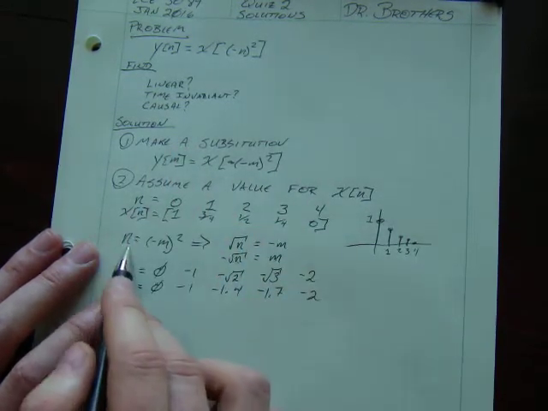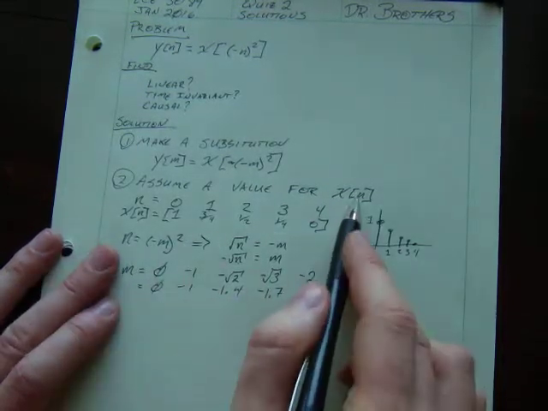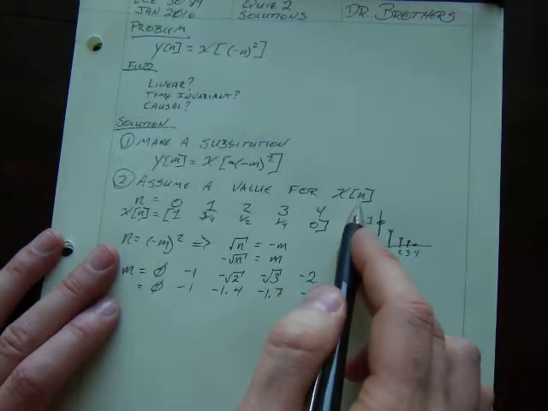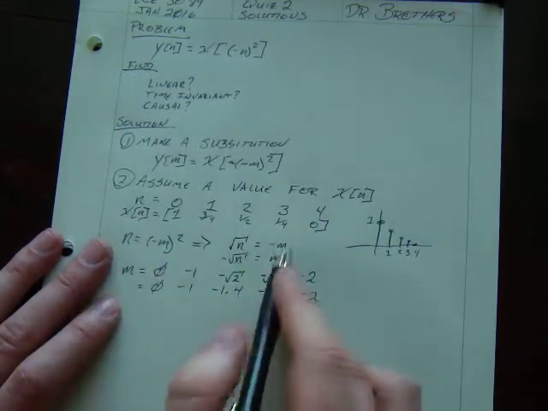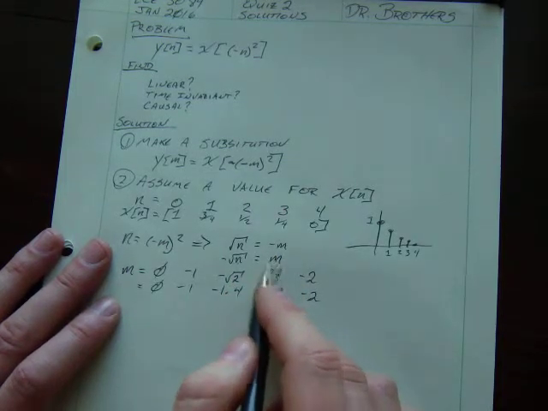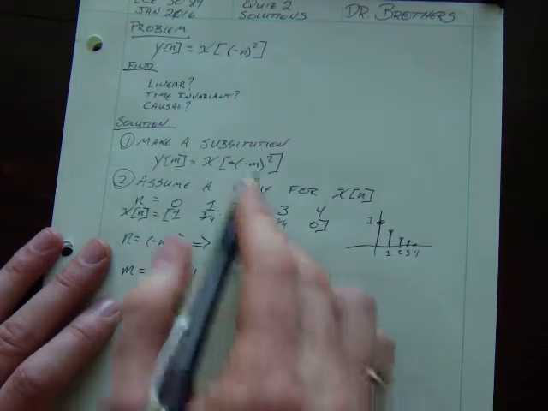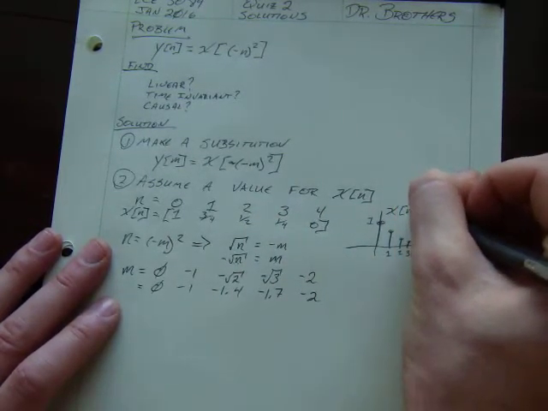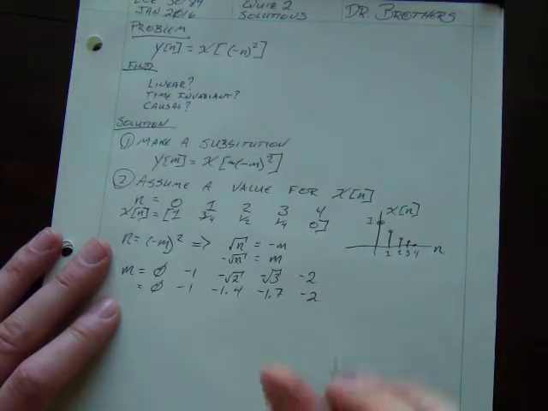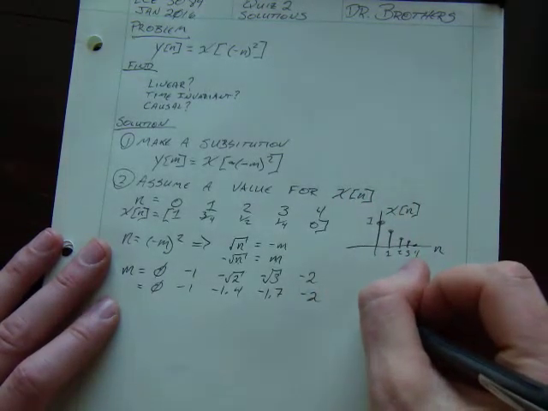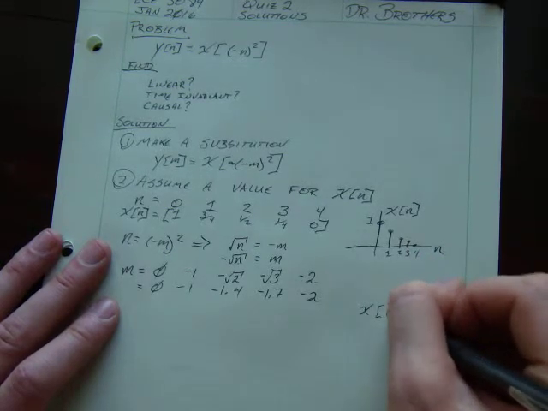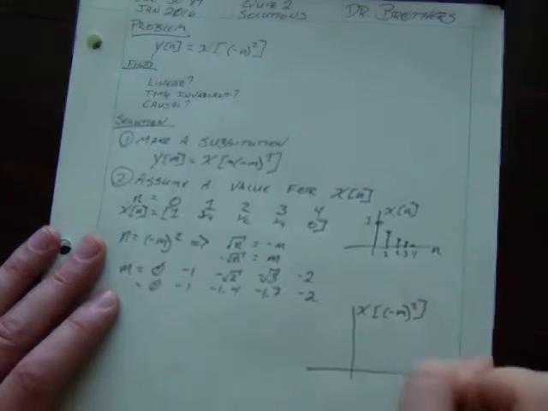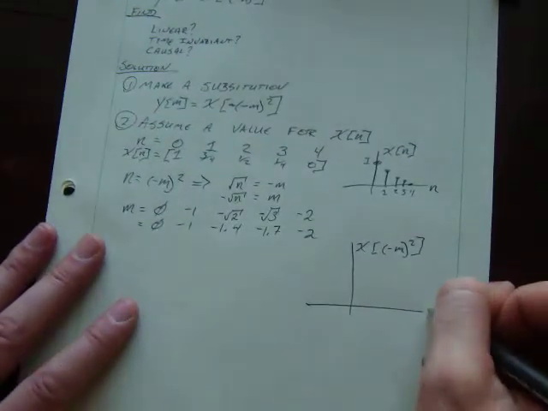Once we did that, we substitute this into the original equation, and then solve out for what m is, because this axis is n, and this is x of n, and then we're going to replot it for x of minus m squared on that axis, and this axis is going to be m.